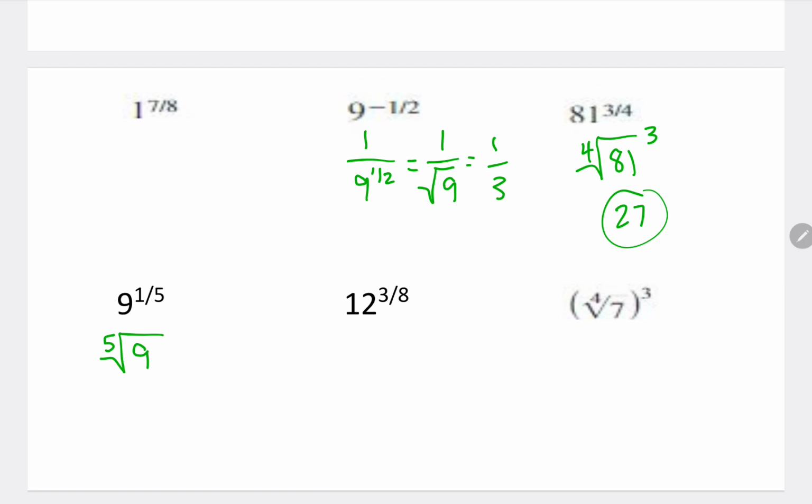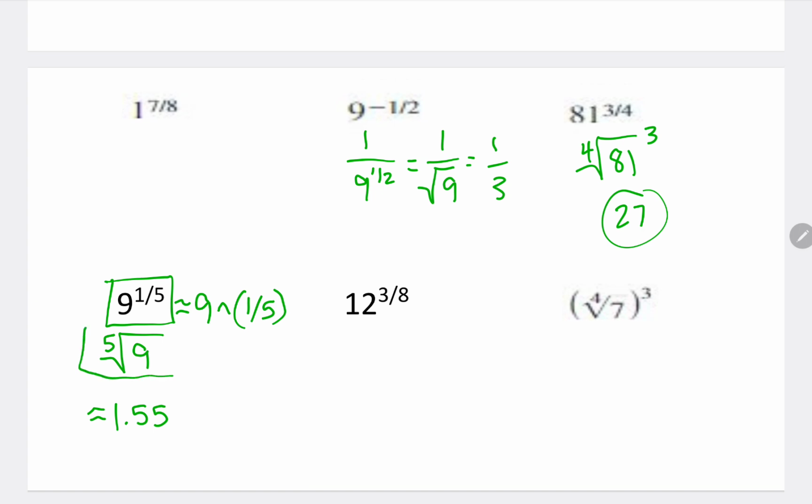So when it doesn't come out evenly, you will need to type that into your calculator to get a decimal answer when we're actually solving these and not just rewriting them. So make sure you practice writing it in your calculator. If you're going to type it in like this, you would do 9 to the 1 divided by 5 power on your calculator.